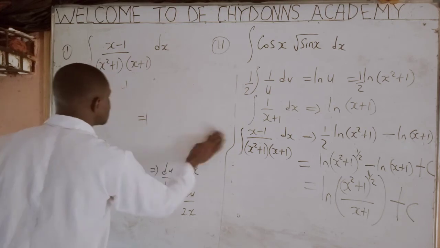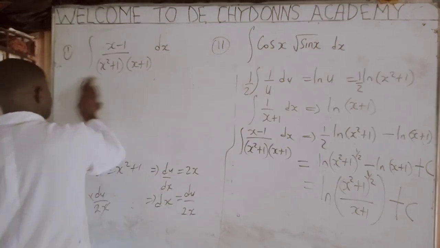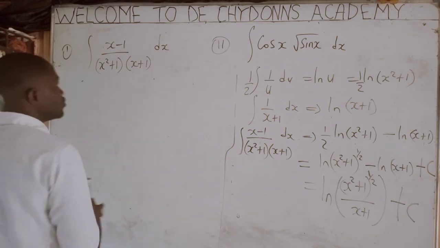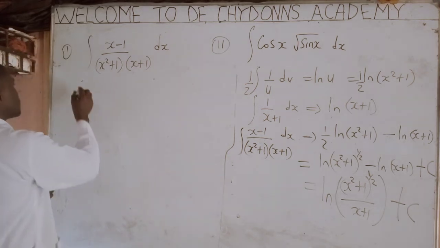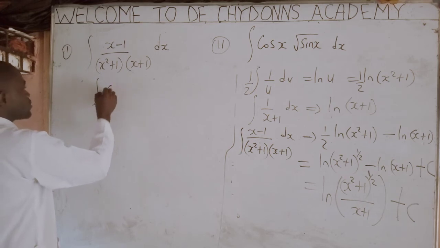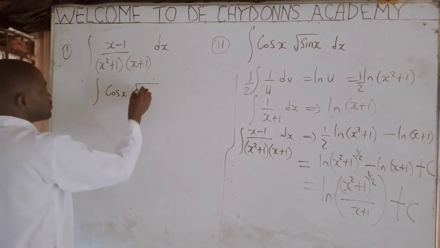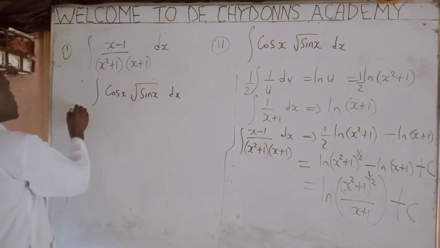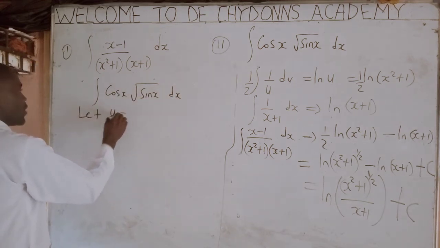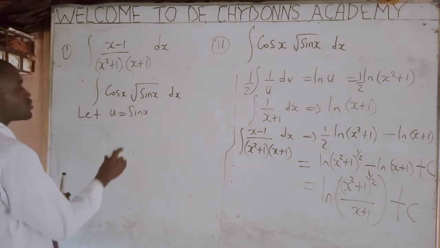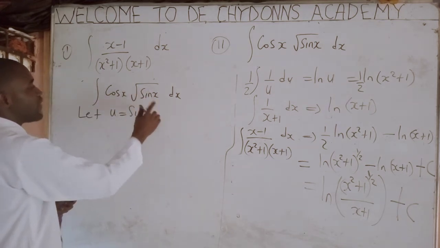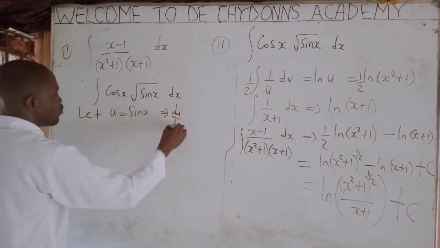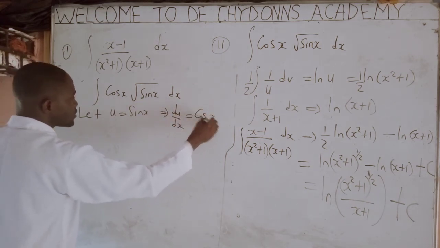The last question says integrate cos x root sin x. How do we do that? To do it, integrate cos x root sin x dx. Let your u be equal to sin x, because when you differentiate this and invert, it will cancel this. The du dx will be giving me cos x.